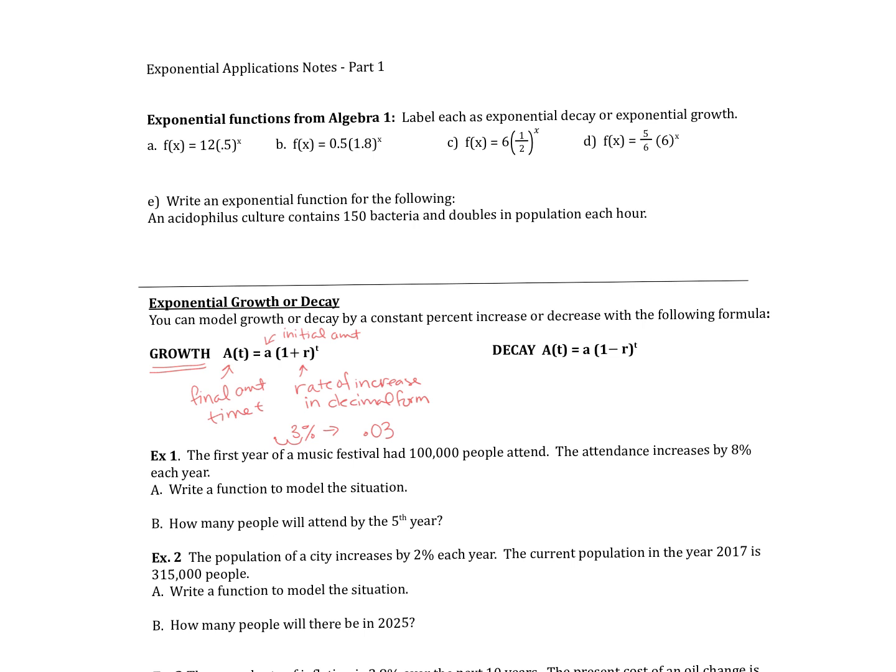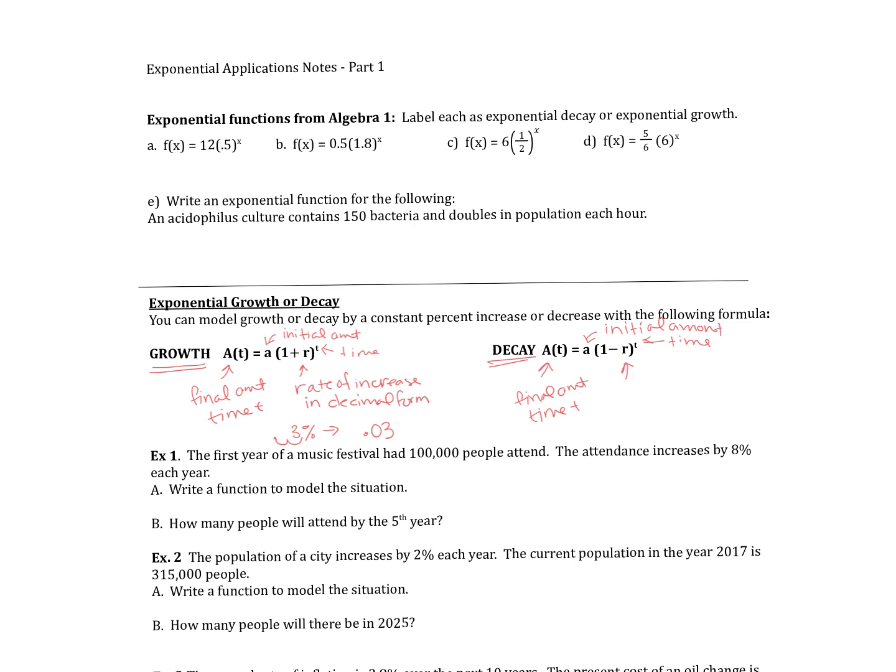So decay then, exponential decay, capital A of t is still my final amount after some time t has elapsed. Oh, that's my time t in both equations. And my little a in both equations is my initial amount. And this time you'll notice that it's 1 minus my rate.